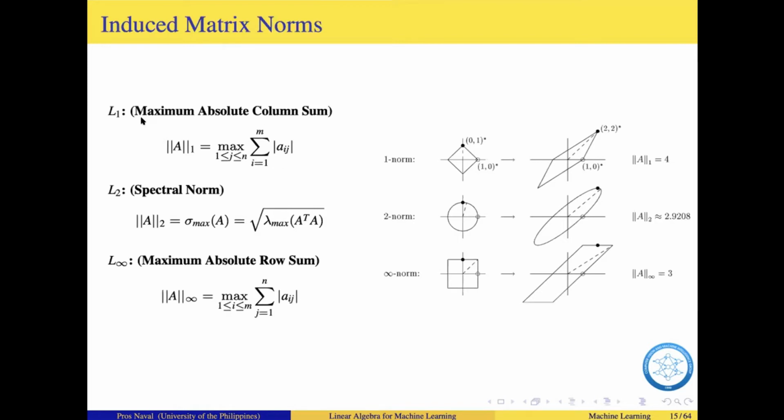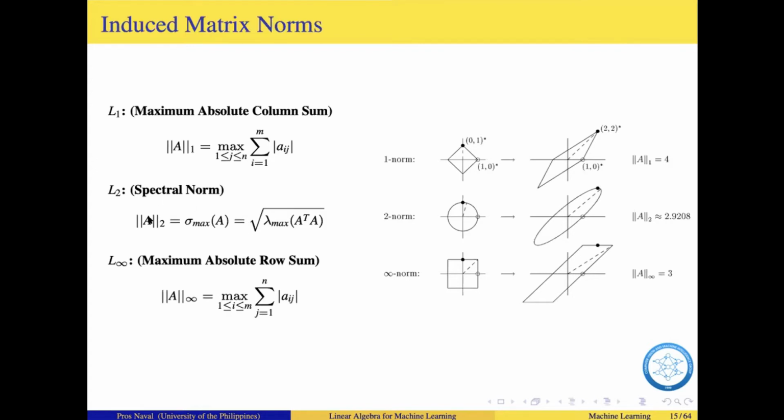So it's also called the maximum absolute column sum matrix norm. The L infinity matrix norm, also called the maximum absolute row sum this time, is computed by taking the sum of the absolute values along each row and then taking the largest sum.